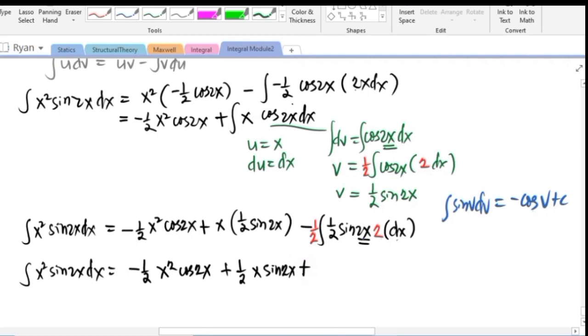So, we have here 1/2 times 1/2, so it's 1/4 cosine of v, your v is 2x. So since wala nang natirang integral, so that will be plus c, and this is our answer.